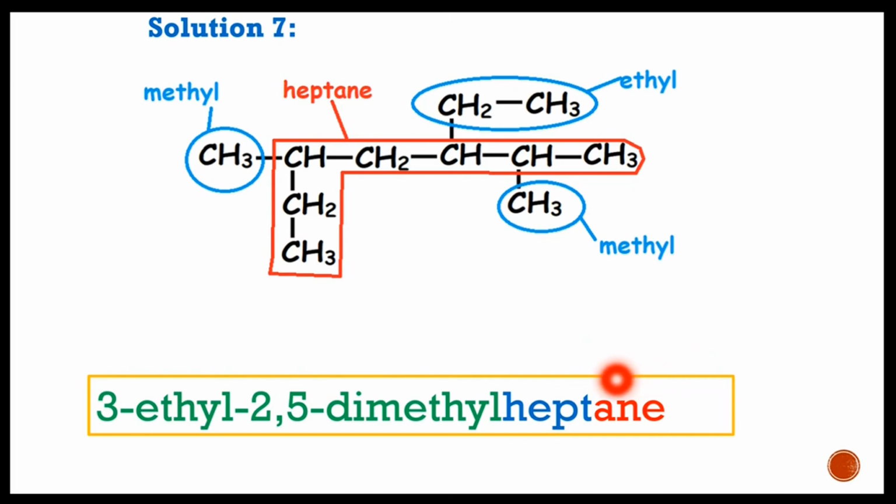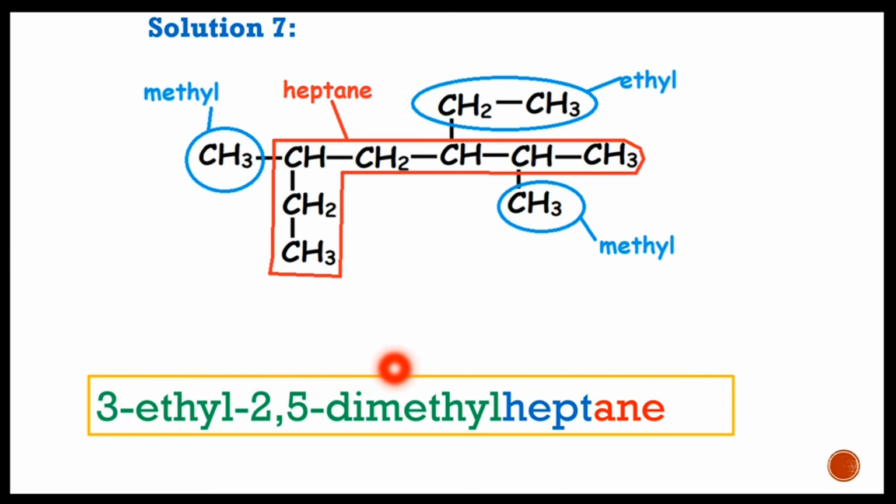So here quickly I want to mention something. It's very, very important. It keeps on confusing a lot of people. Here you realize that ethyl starts with E, but we have dimethyl. In ordering your substituents, if you don't know, you would bring the dimethyl before ethyl because of the D. But the D is insignificant when you are ordering your substituents.